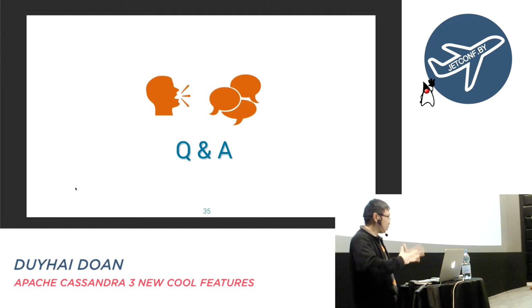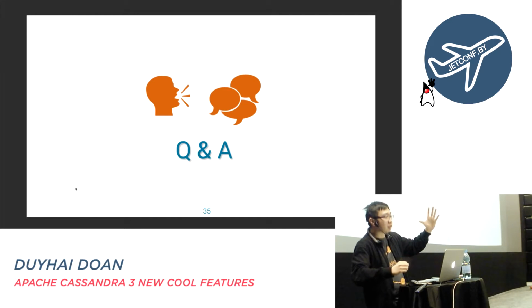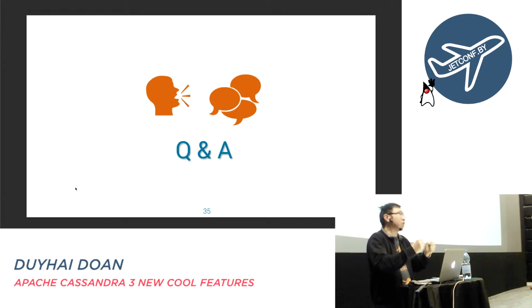And until now, you can have a nested structure of user-defined types. So there is no limit in terms of depth. The problem is they are frozen. It means that you cannot update them atomically. In the next release of Cassandra, you will be able to update them atomically.